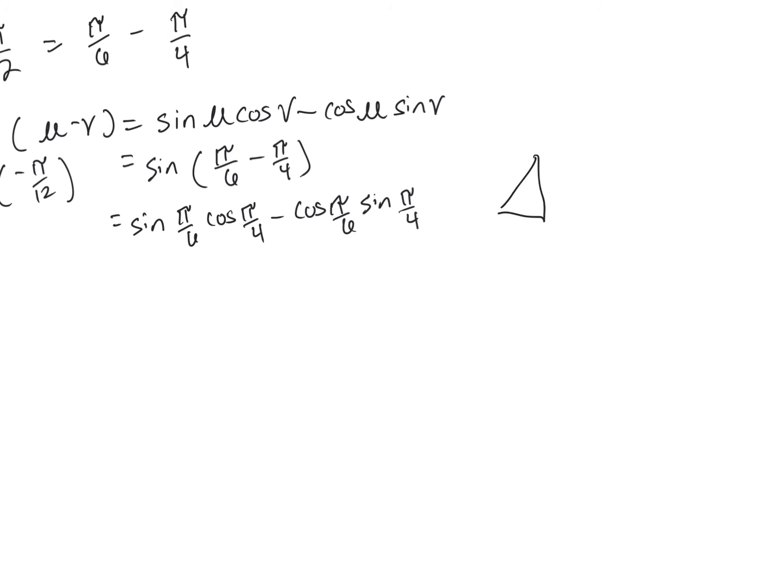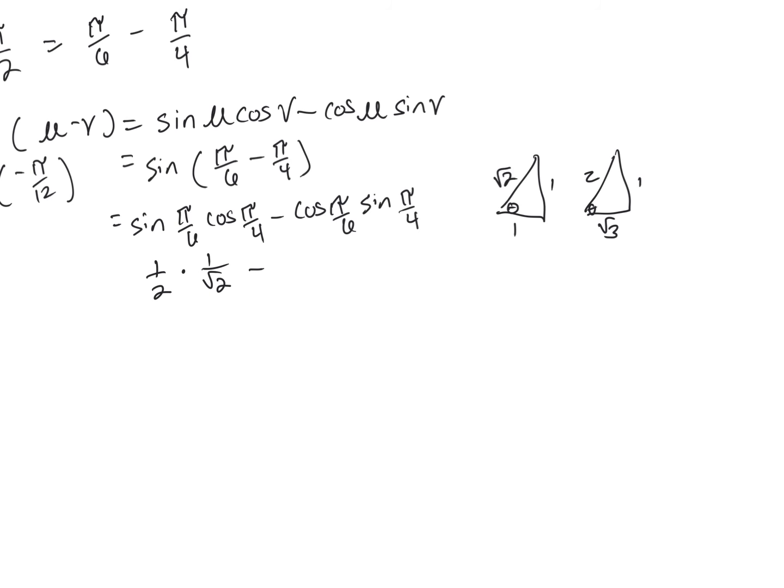I'm going to draw two triangles here to the side to remind me of what we're dealing with. So pi over 4 is a 45, 45, 90, so it's 1, 1, root 2. And pi over 6 is a 30-degree angle, so it's 1, root 3, 2. So sine of pi over 6 is 1/2. Cosine of pi over 4 is 1 over root 2.